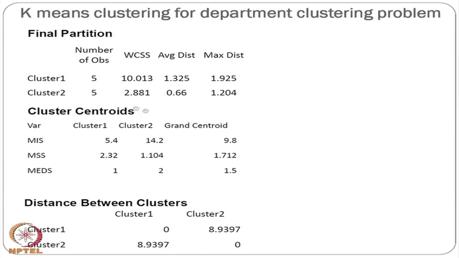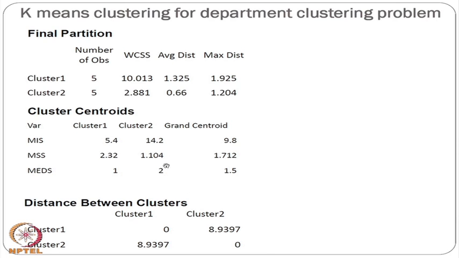This is cluster 1 and 2 for the data. This is not the example data we have just solved here, but safety data, MIS, all these things. So, ultimately you are getting 2 clusters, 5 observations each in the clusters, and you are getting the within-cluster sum of squares, average distance, maximum distance, all these values.